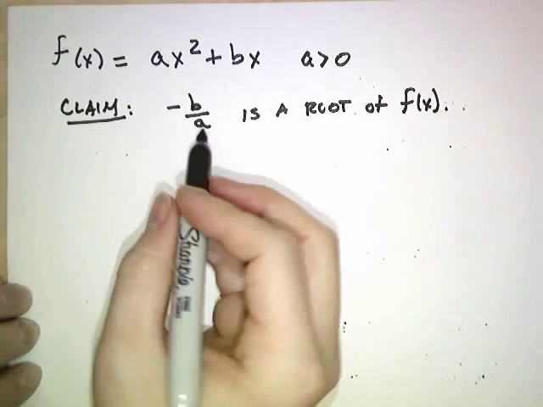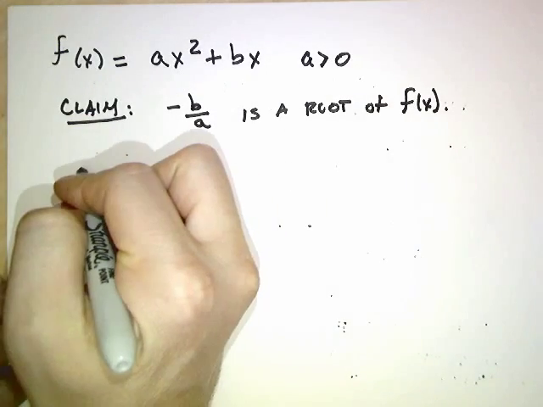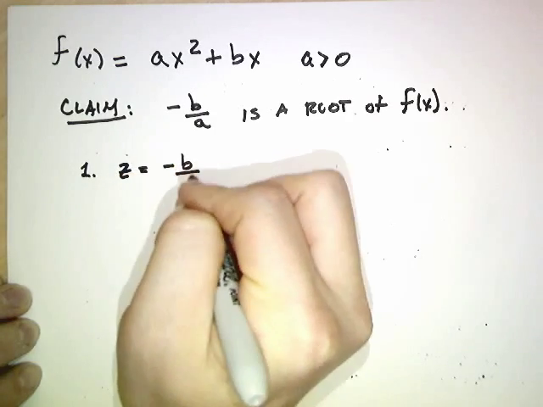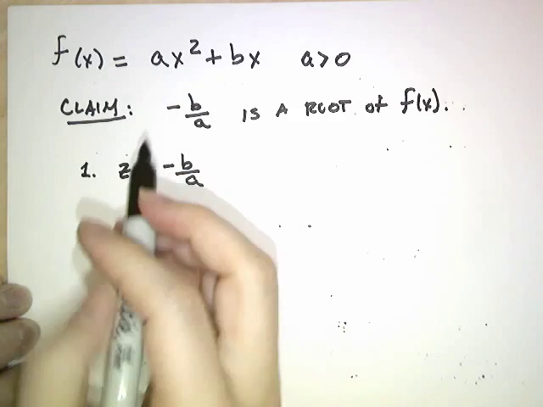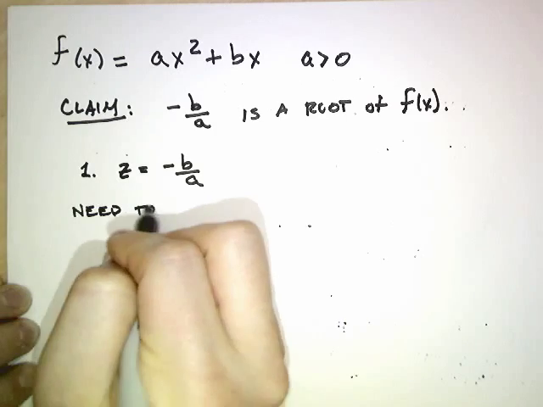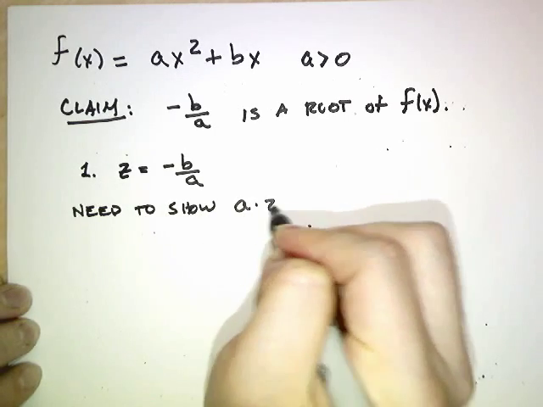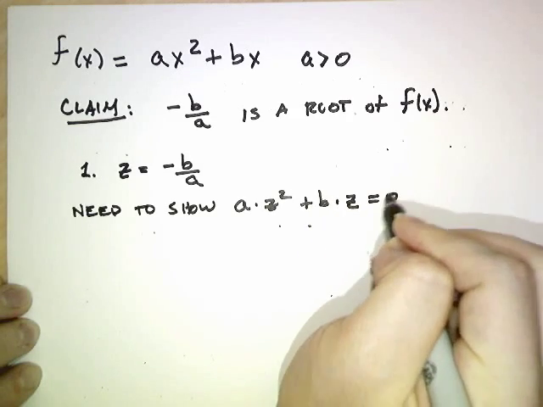Well, how do we prove that minus b over a is a root of f of x? Well, let's set z to be minus b over a, and I want to show, so we need to show, that a times z squared plus b times z equals 0.